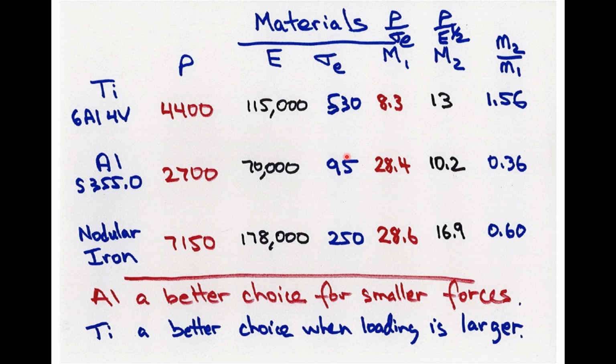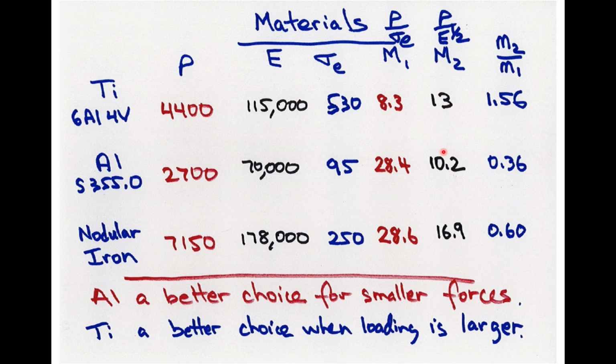Still relatively stiff, but it doesn't have the strength in terms of fatigue. So notice that my strength value is a lot lower. My density is lower too, but the strength value is about 5 times lower compared to titanium, more than that. But the density value is only a factor of 1.5, something like that. And so you see a big increase in M1.